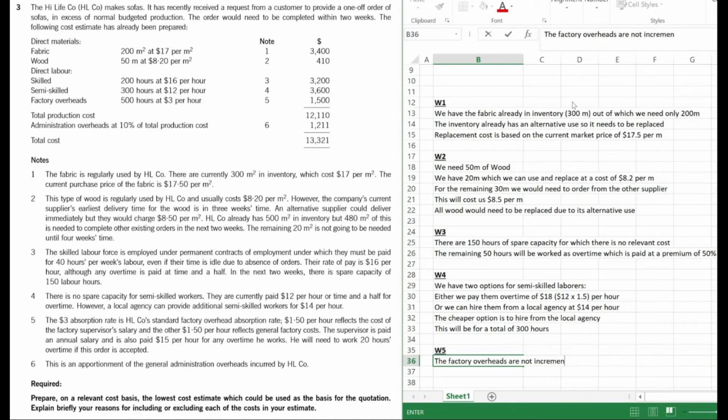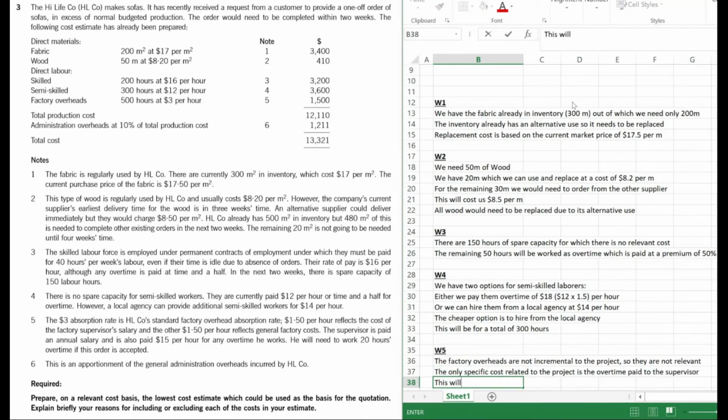Because that's the buzzword we use. Incremental to the project. So they are not relevant, right? Simple as that. The only specific cost related to the project is the overtime paid to the supervisor, right?